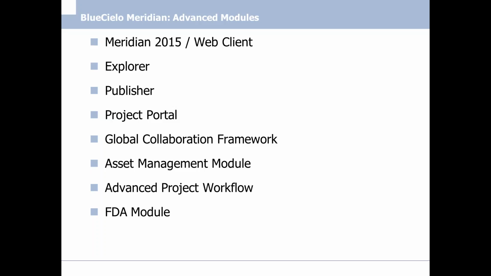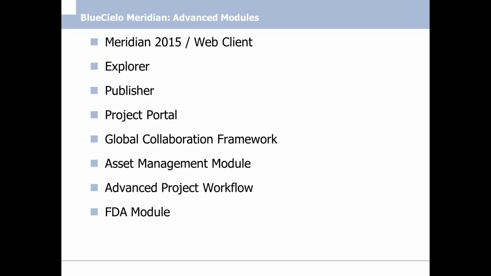We want to touch on Meridian 2015 and some advancements with the web client. Then the advanced modules available with Meridian to take the next step. We're going to take a look at the Explorer module, which is a newish search view print module for Meridian.